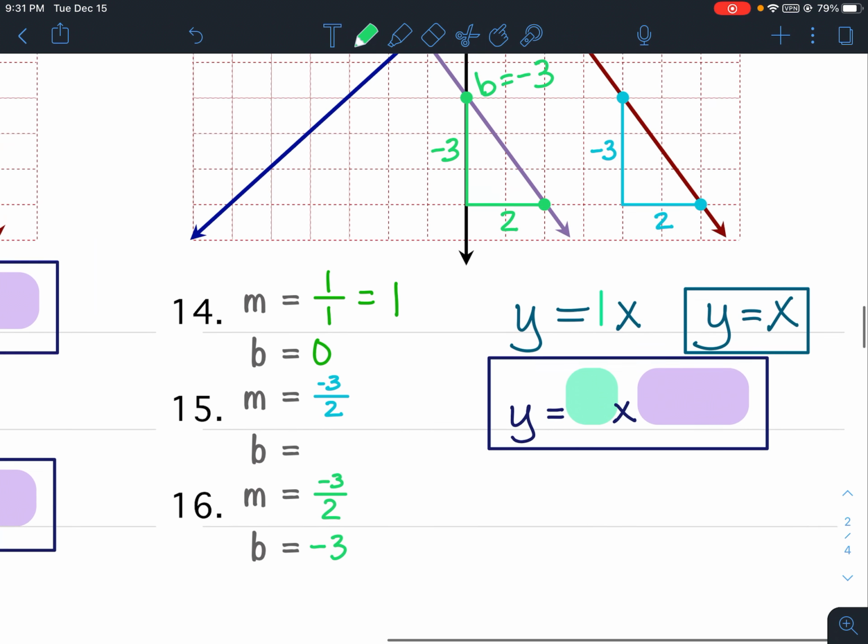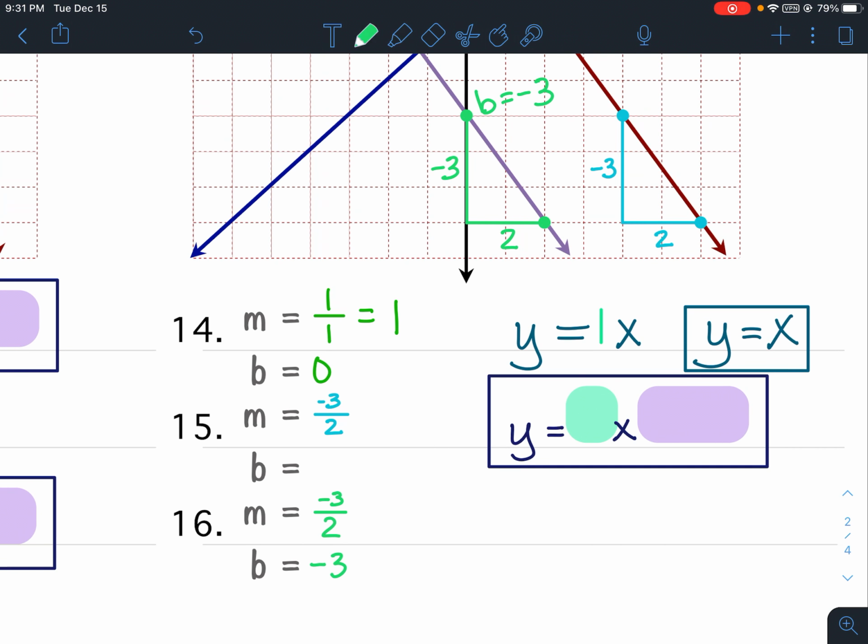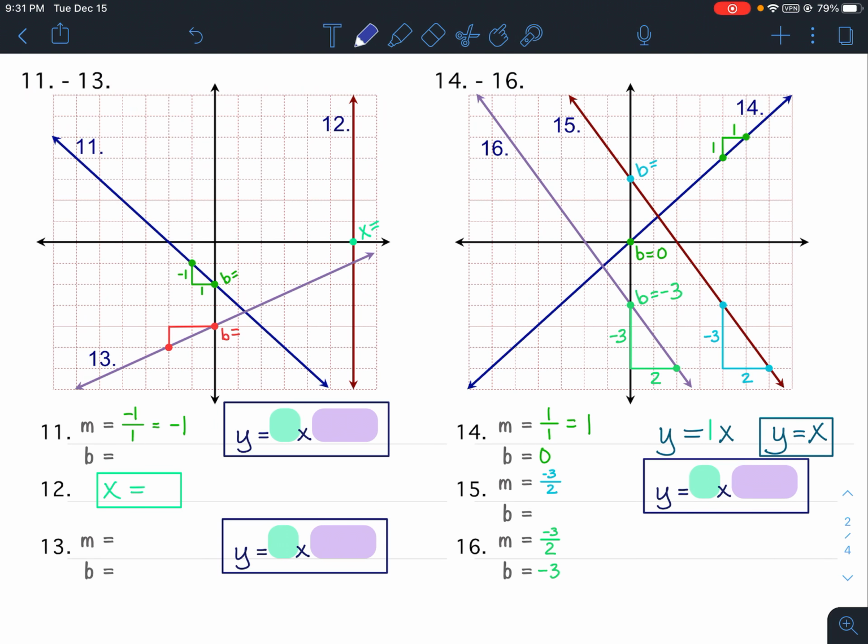Notice how they have the same slope. Notice how 15 and 16 have the same slope. We'll look at those lines. Those lines are what we call parallel lines. Parallel lines have equal slopes.